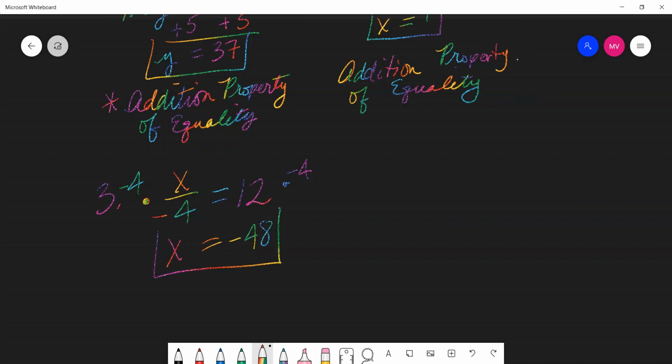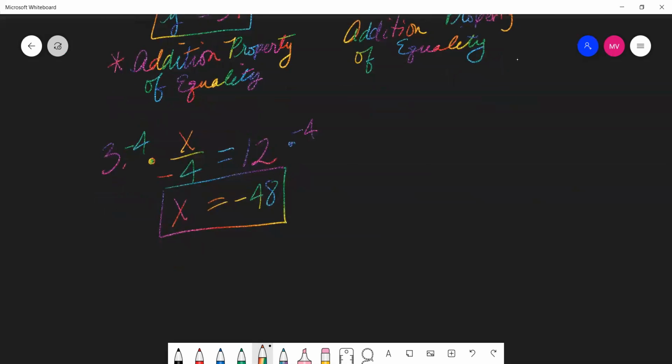So that's our solution. What property of equality did we use there? It is the multiplication property of equality.